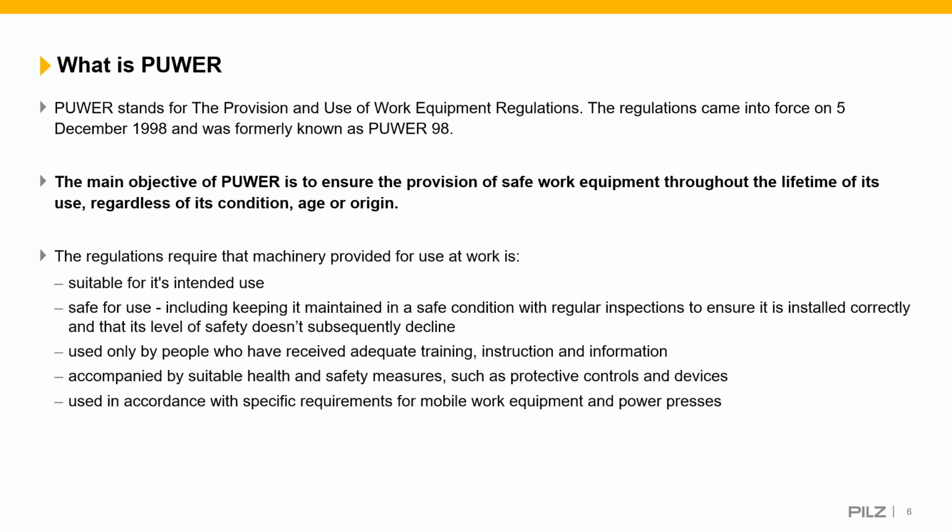They set out the requirements that ensure that any machinery provided for use at work is suitable for its intended use, safe for use, including keeping it maintained in a safe condition, used only by people who have received adequate training, instructions and information, accompanied by suitable health and safety measures such as protective controls and devices, so guards, interlocks, emergency stops, safety circuits, etc., and used in accordance with the specific requirements for mobile equipment and power presses.